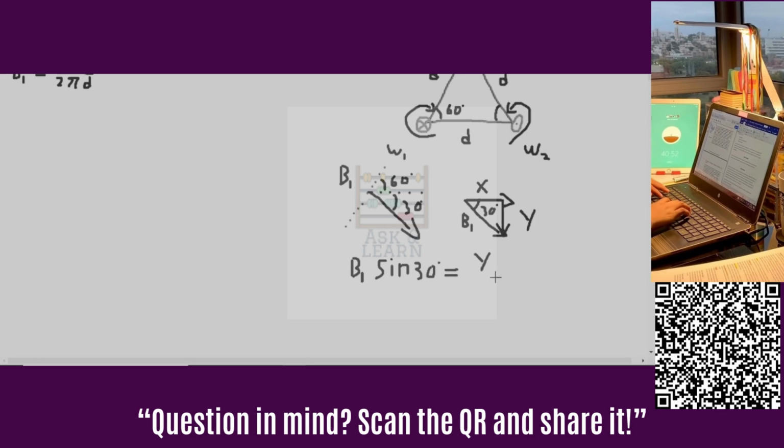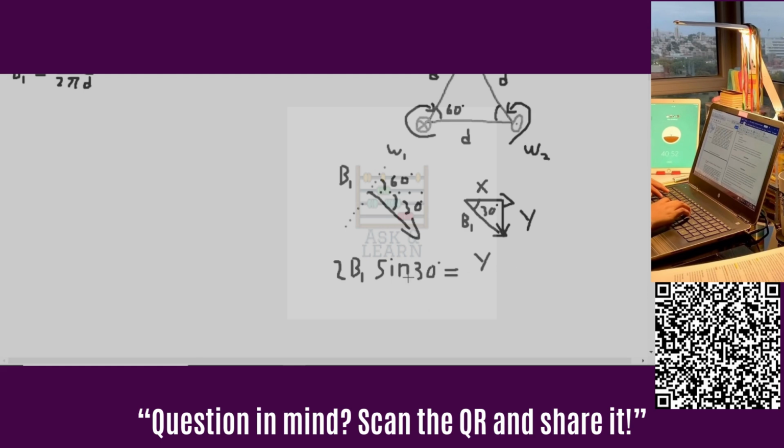But we have another Y value, and it's going to be exactly the same from the other wire, which means we multiply this by 2. So 2 times what we calculated for the first wire, times sine of 30, is equal to your Y direction for both wires, or your Y component of the magnetic field for both wires.